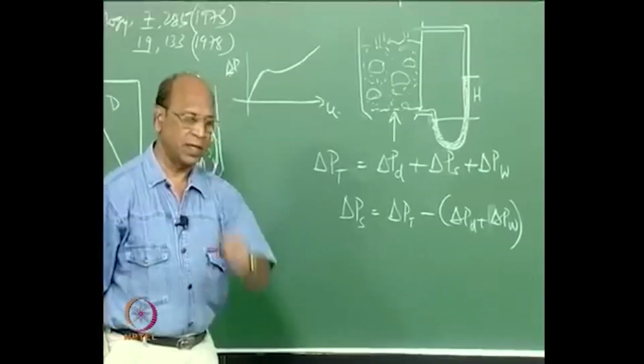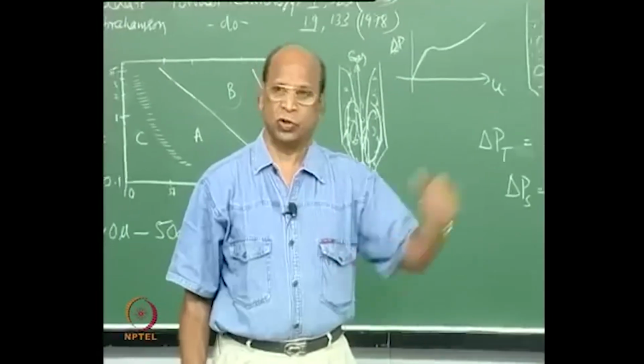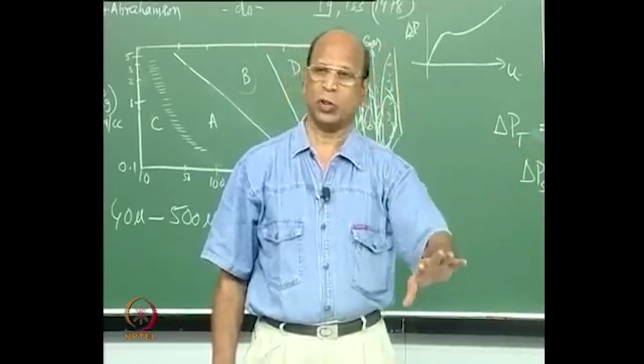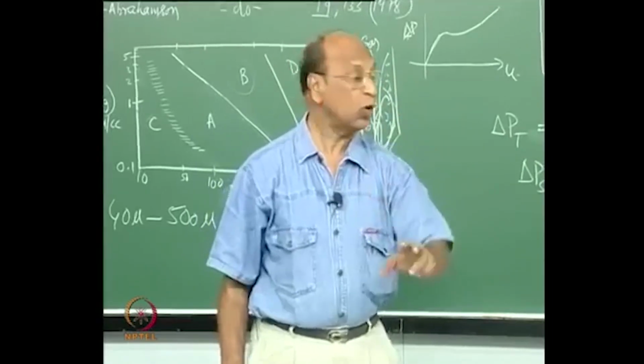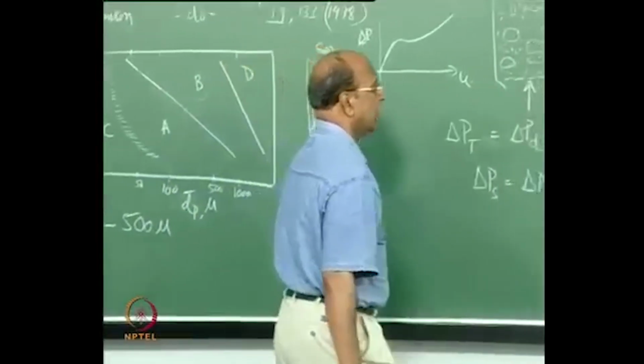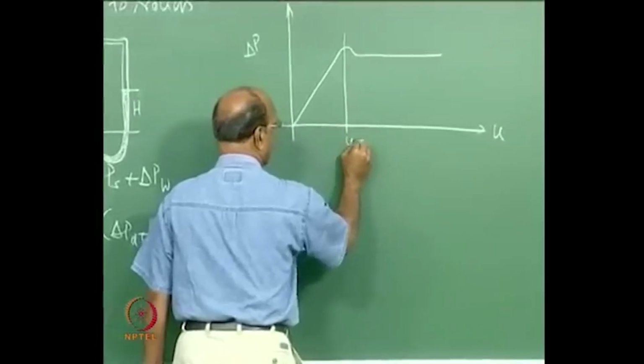When I was laboratory in charge, I was also conducting those experiments for students. So, this kind of graphs they used to plot, then we used to explain no, that is not right, you have to subtract the distributor pressure drop and then only you will get almost horizontal like that. Okay. So, this is the one. Okay, good. So, this is of course, at this point what we call UMF.